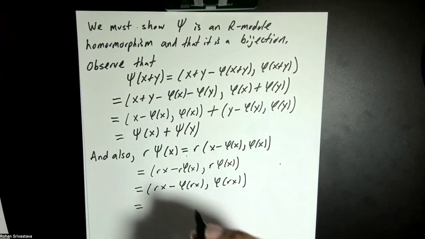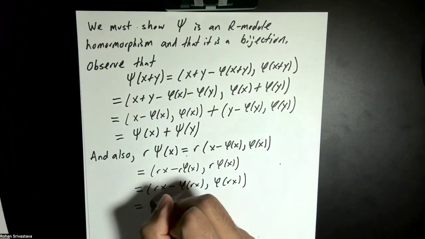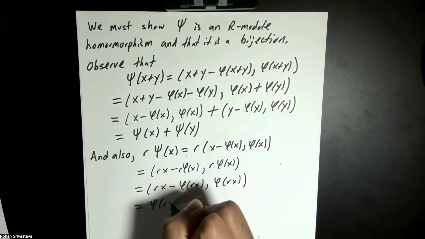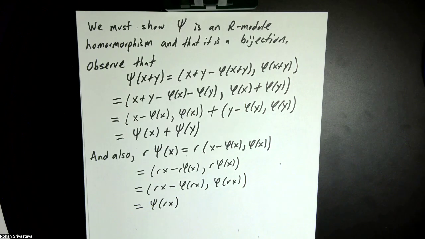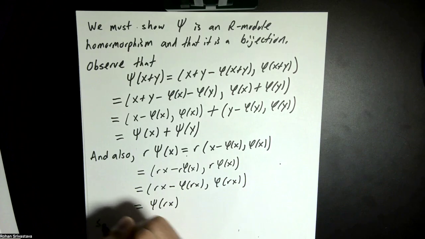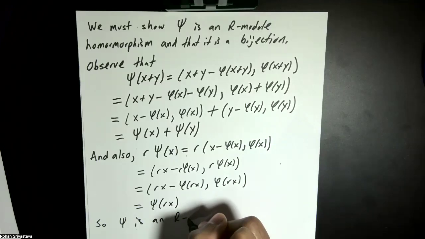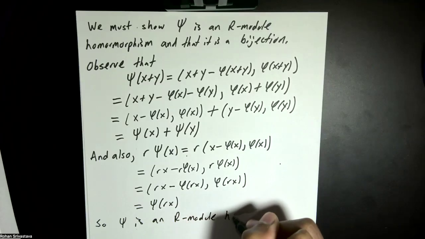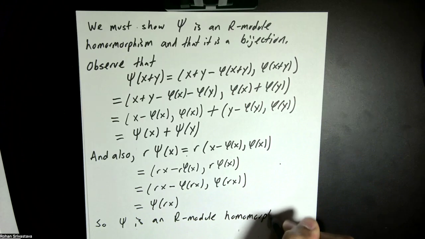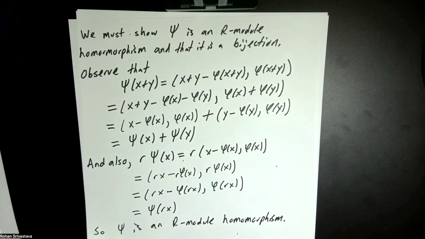And this now, if we just look at the form it has, is psi of rx. Okay, so this tells us much of what we need, namely, psi is an R module homomorphism, right? And now we need to check that it's a bijection so that we actually have an isomorphism.